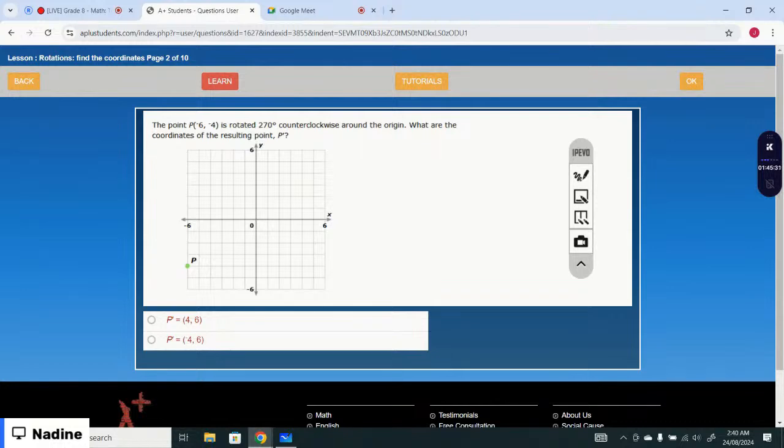So which is the correct option? -6 and -4, that is a 270 degree rotation, right? So that would be in the second quadrant, that is -4 and 6. Option number 2 is the correct option.